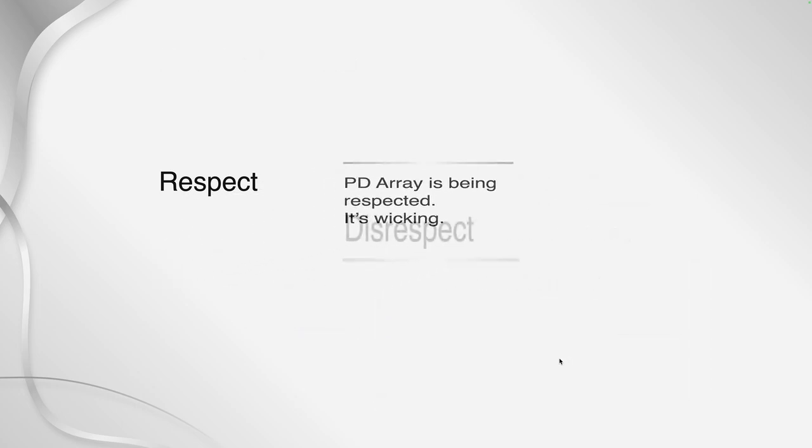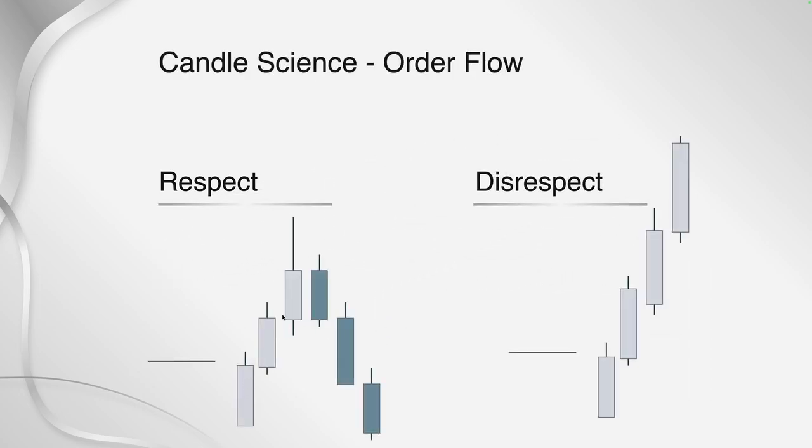So again, to show you the comparison, that is what it would look like if we just look at one candle, and the same for the disrespect. And this right here is what it would look like if we look at it from order flow on the lower time frame, from a fair value gap perspective. But candle signs is already looking at it from a fair value gap perspective. So this is where it becomes extremely important to understand the following, because I can understand if there is some confusion.